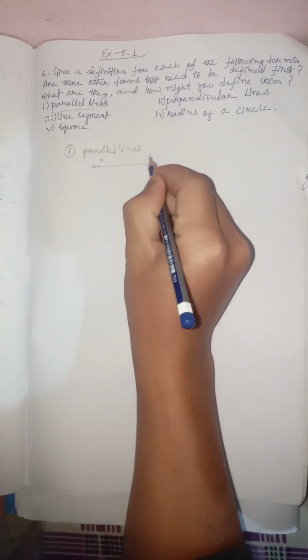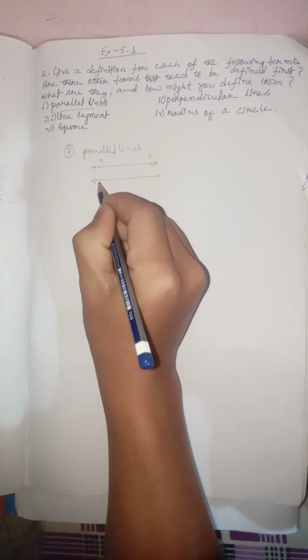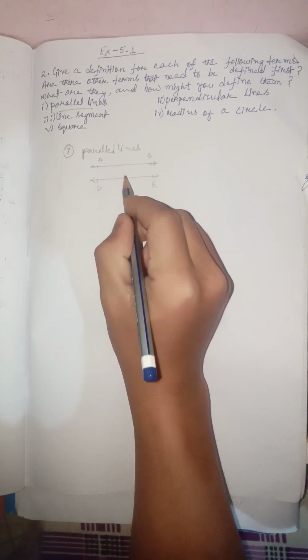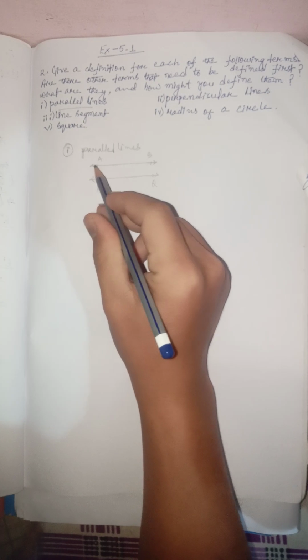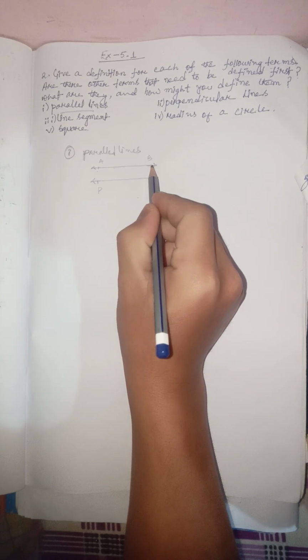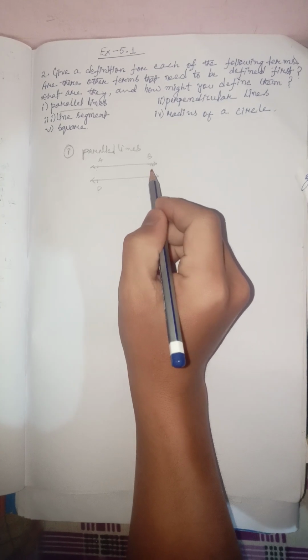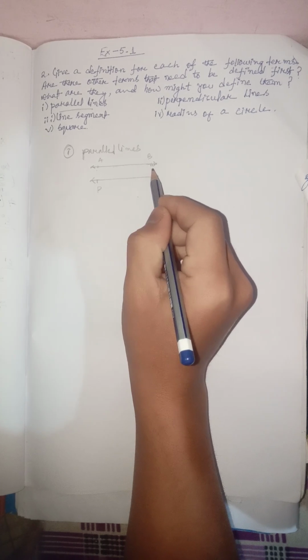Let me say this one is AB and the one downside is PQ. These two lines will not intersect each other even if they are produced indefinitely in these directions. So such lines which are not intersecting each other and go in these directions, we call parallel lines, right?